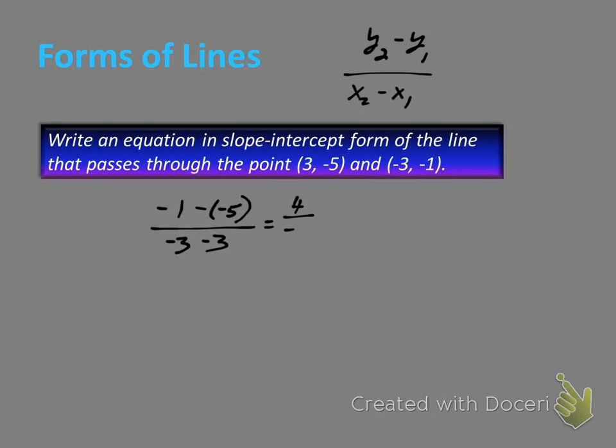Negative 3 minus 3 is negative 6. And that reduces to negative 2/3. So there's your slope.